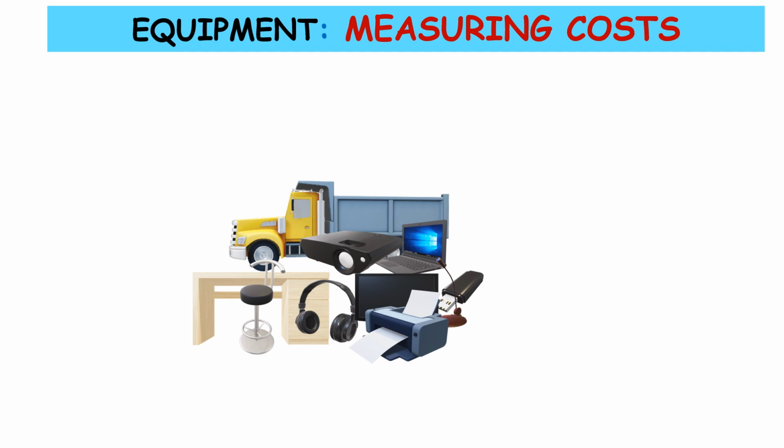Another example of measuring the cost is for the equipment, which is another broad category and includes almost everything else in the business. So again, they will include the purchase price and then all other costs that are necessary to prepare this asset for its usage.